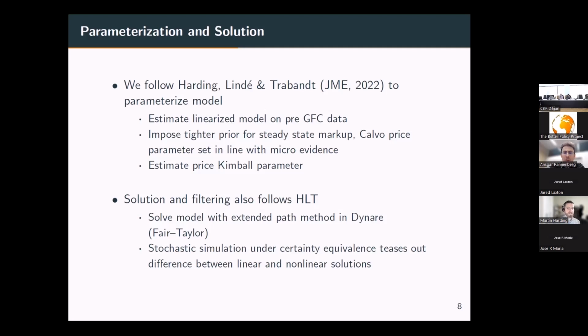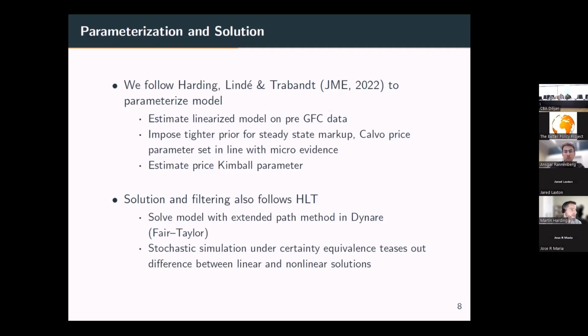Correct. So it's not a pre-programmed function of Linear, but we can use the extended path method to do the filtering. How this works is you simulate the model using the extended path method at each point in time, and you use a nonlinear solver to find the shocks that make the model match the data at every given period.